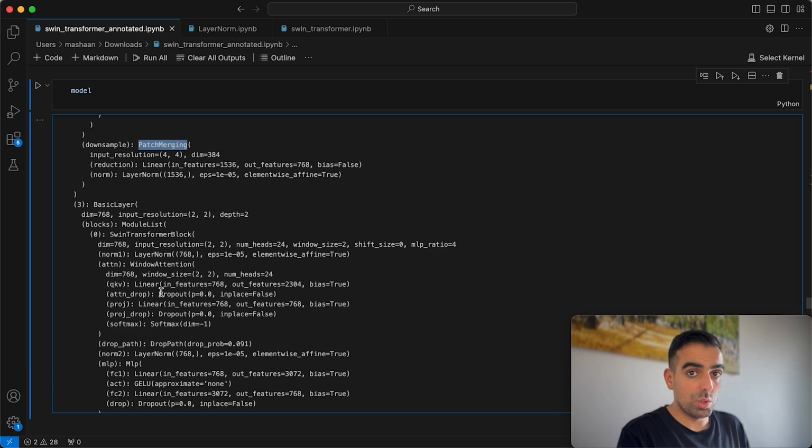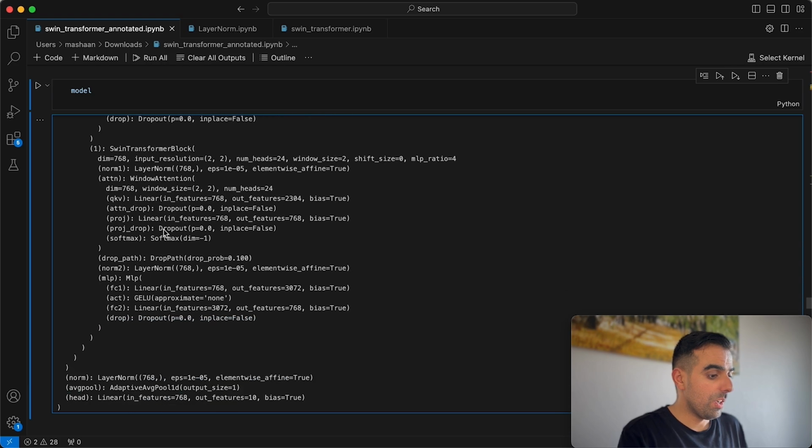The final layer, which is the fourth layer, has 2 Swin Transformer blocks, but it does not have a patch merging layer. At the end, it will apply layer norm, and it will run these features into a linear layer to get 1 of 10 classes.